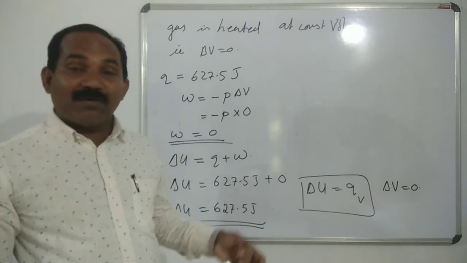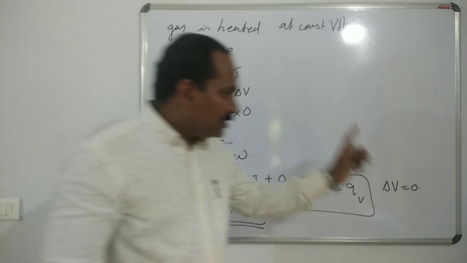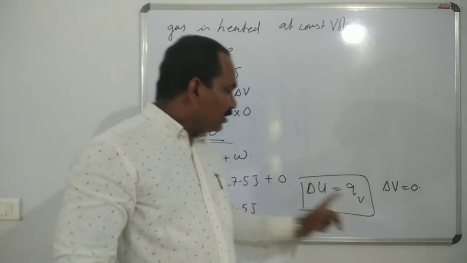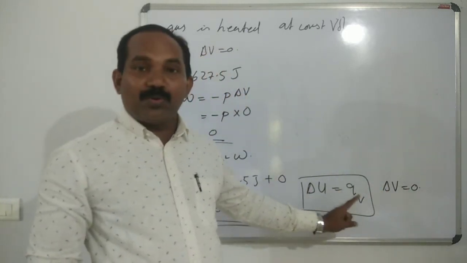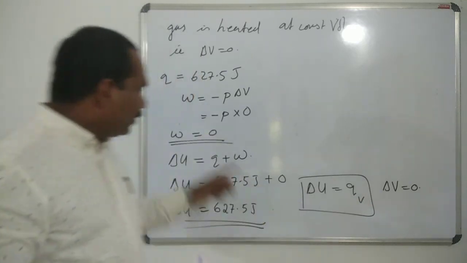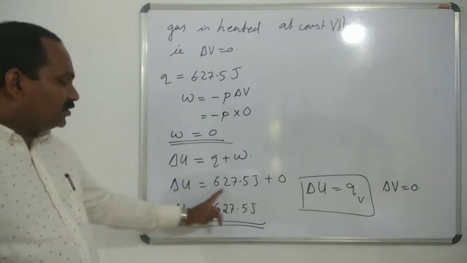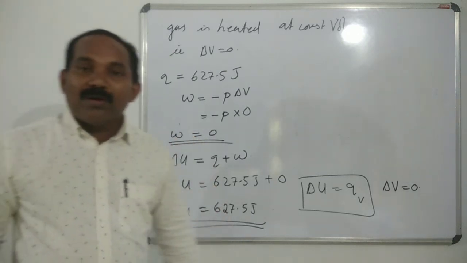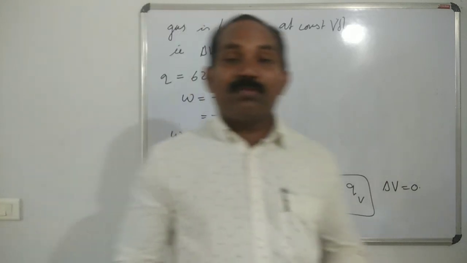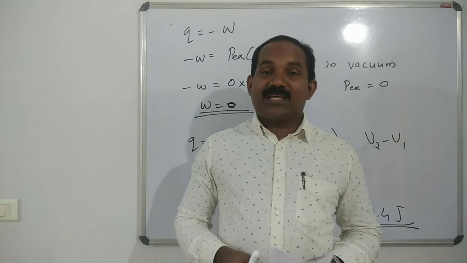So here we know that ΔV is equal to 0, ΔU is equal to Q_V, the heat absorbed by the system. We proved that if W is equal to 0, ΔU is equal to the Q, that is the heat absorbed by the system. That's about the problems based on the internal energy and the work done.